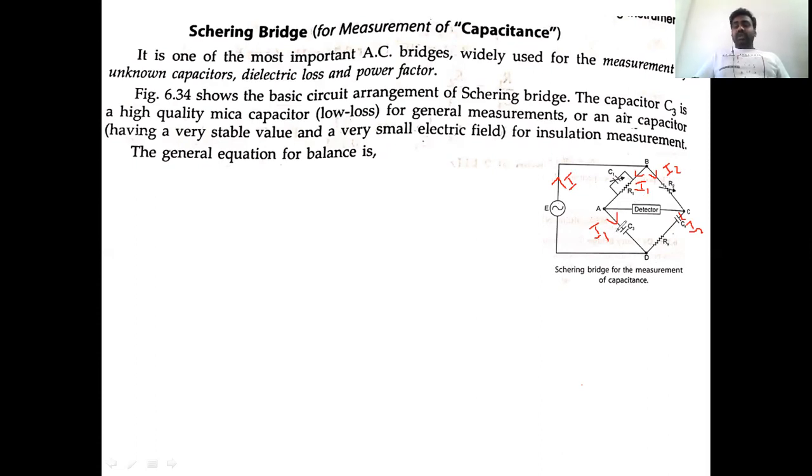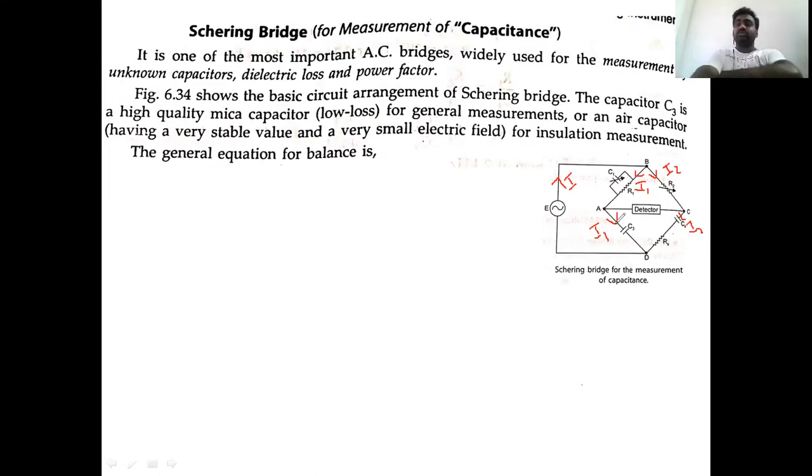From A to D it is a capacitance arm, where we connect a high quality mica capacitor, and the current flowing is I1.